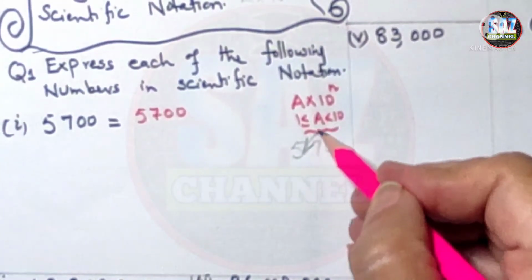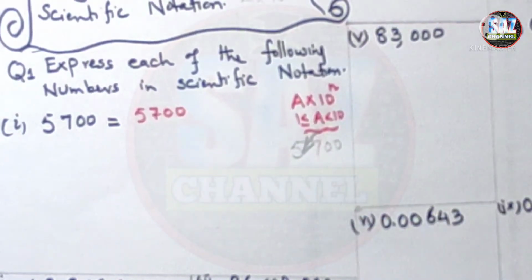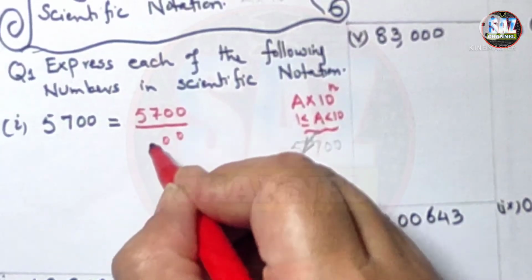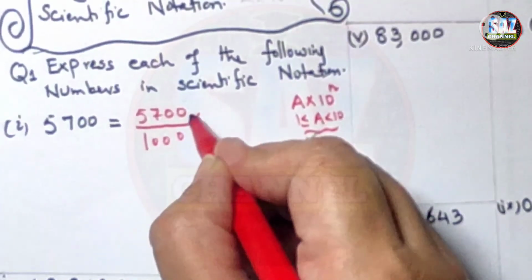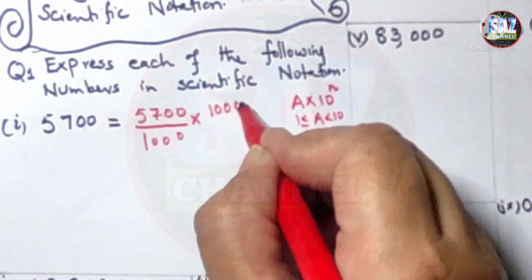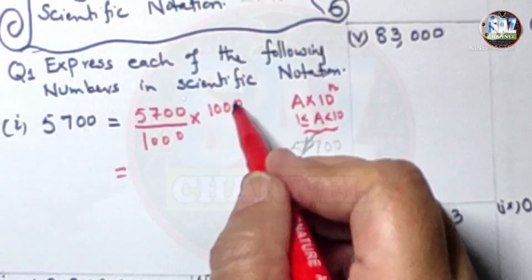I need to insert the decimal after 5. So what I will be doing, I will be dividing this number by 1000, and I will be multiplying this number by 1000. And now I'm not going to simplify these two thousands.